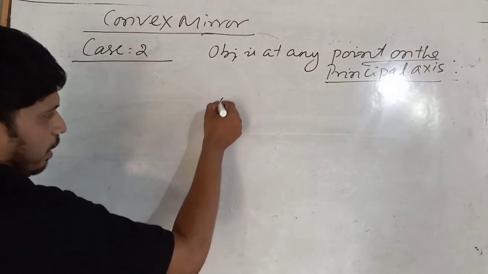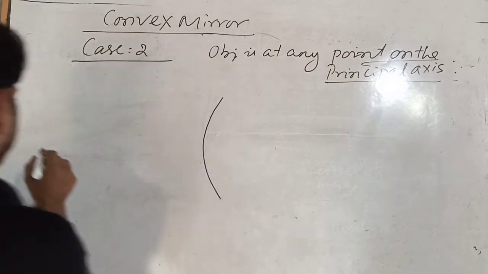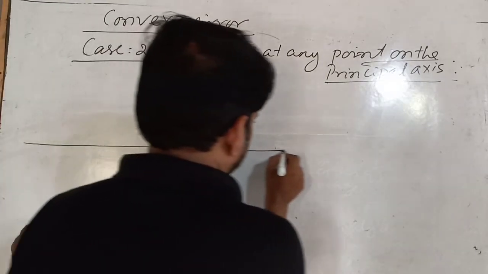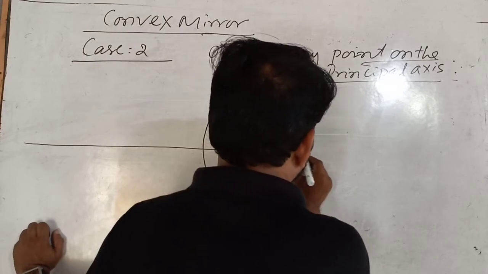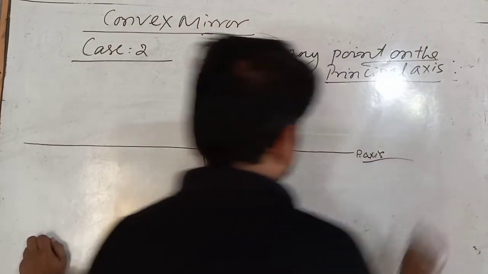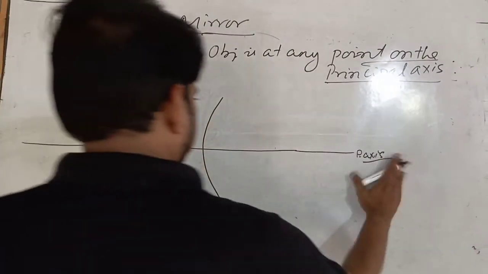So now again draw a convex type of mirror and draw its principal axis.